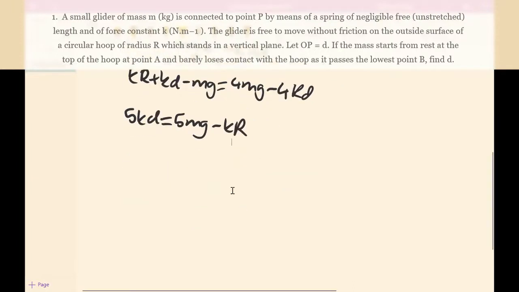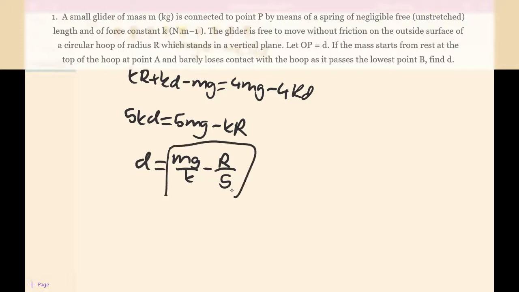So then it's pretty easy to see that D is equal to mg over K minus R over 5. So that's the answer to the first problem.